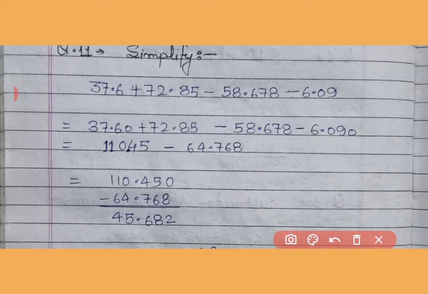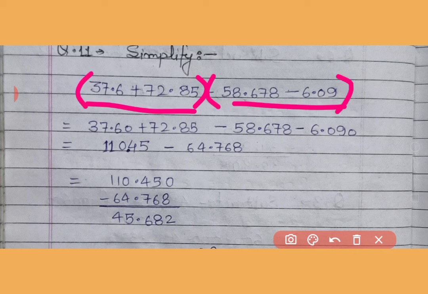Here are 2 positive numbers and 2 negative numbers, so these 2 terms will add and these 2 terms will add, means positive terms will add together and negative terms will add together. So 37.6 is not in like decimals, so we will change it into 37.60 and 72.85.